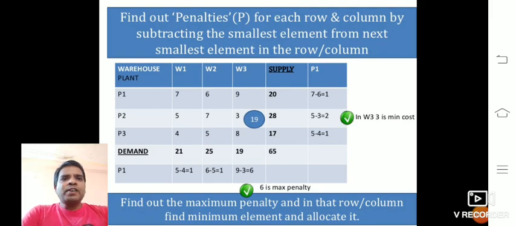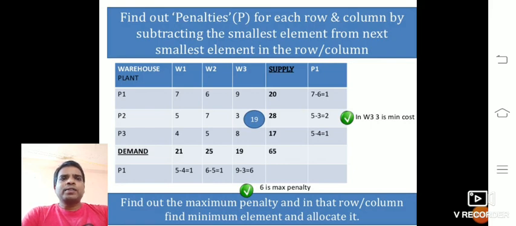Among all the penalties, including row and column wise, 6 is the highest penalty, and it occurs in the W3 column. In that column, please check which one is the least cost: that is 3, the P2 W3 cell. For that cell we can allocate.